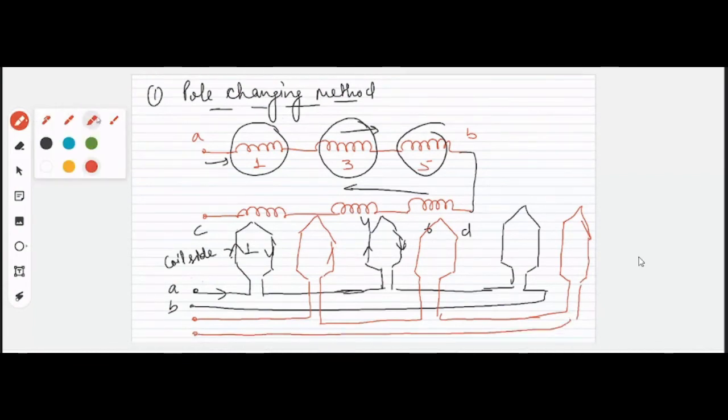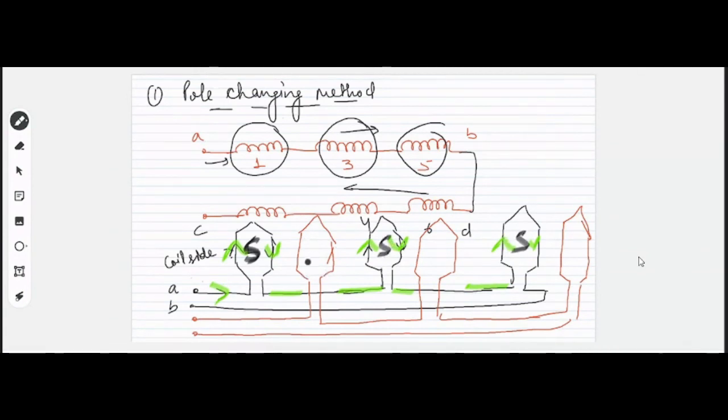So you can see that if we have a flow of current in this direction, in these coils, obviously this will be the direction of the current. So they all will be producing the pole. Let us take in the south pole, considering this to be the south pole, right? So they will be producing the south pole.